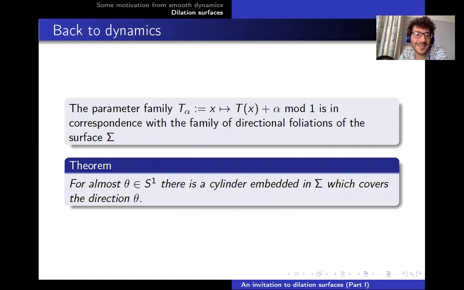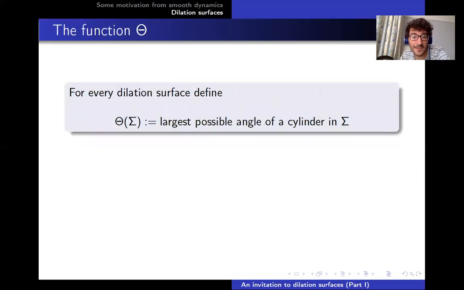So essentially, the theorem I mentioned, that almost every direction, can be rephrased in terms of geometry in the following way. For almost every theta, you can find a cylinder covering that direction, and that will make for a periodic orbit, which will make for some Morse-Smale behavior, and then you have to work a bit, but essentially the theorem that I mentioned can be reduced to that.